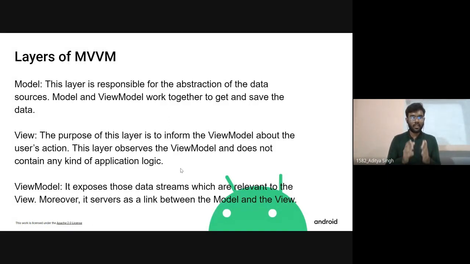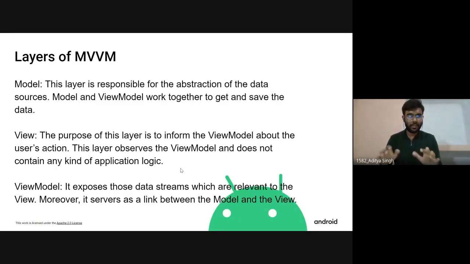What is view model? View model keeps an eye on view. Suppose you press the button and you want some text to be displayed on the screen. In that case, view model will send that required text to view, and view will display it on the screen. This is what view model does.